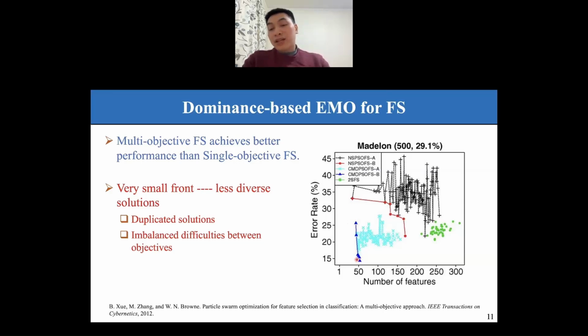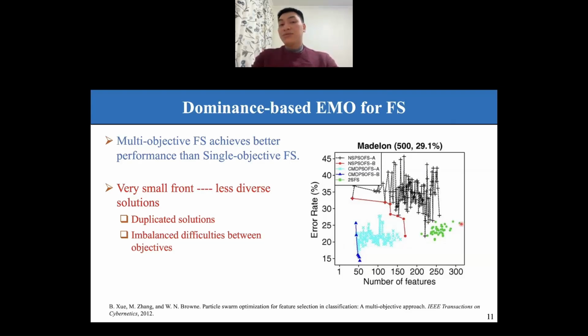And the green ones here are the best solutions evolved by single objective PSO, and we obtain them from multiple runs. So clearly you can see that if you compare solutions achieved by multi-objective PSO and single objective PSO, the multi-objective one can select a smaller number of features and also with a smaller classification error rate compared to the single objective one.